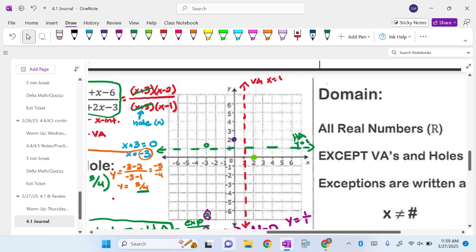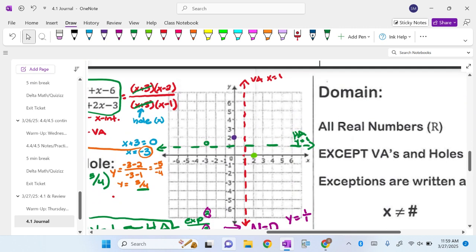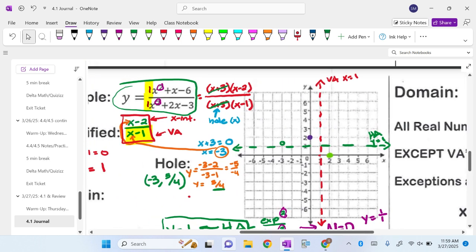Now, I have enough information at this point to get the general shape of the graph. But to check, let's graph the original function in Desmos. So I'm going to take a minute and graph that original function in Desmos.